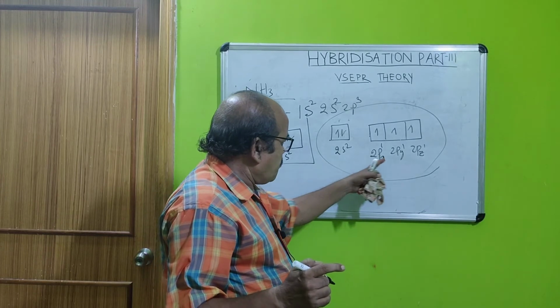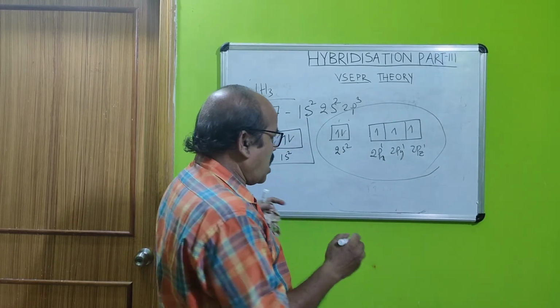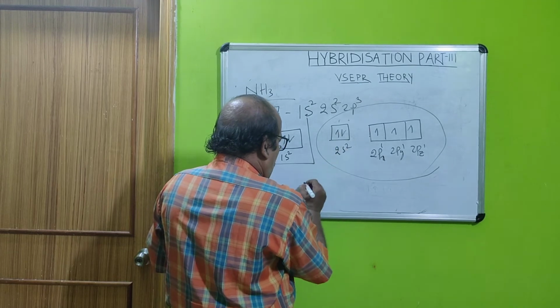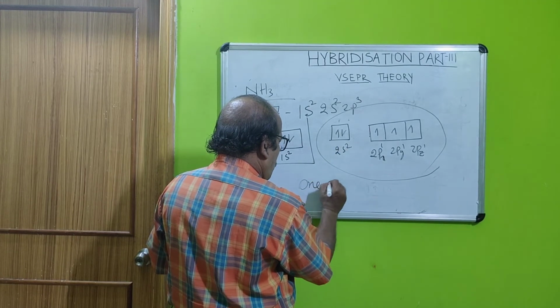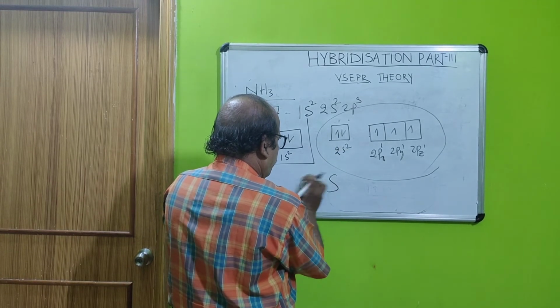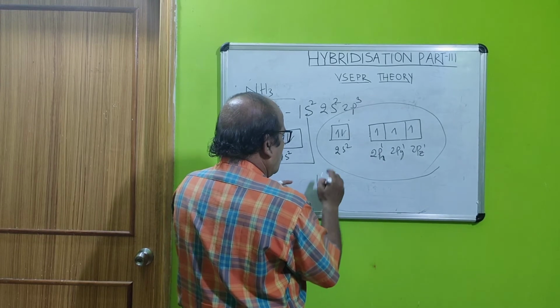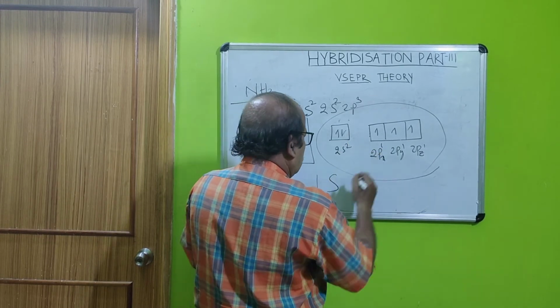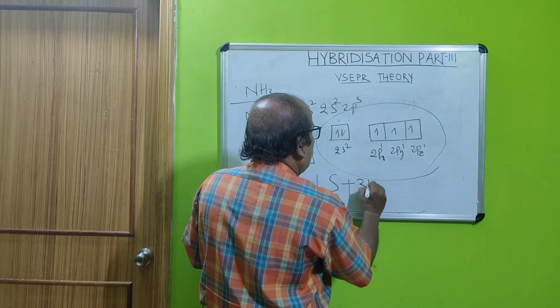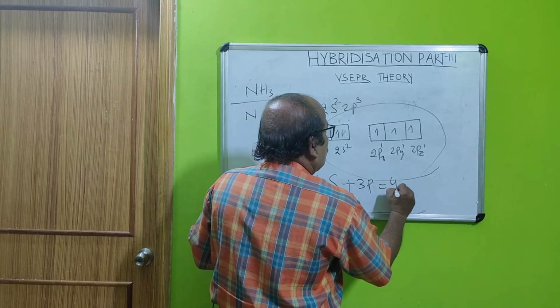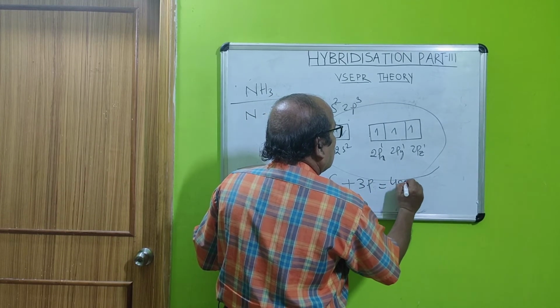Now, how do we get 4 sp3 hybrid orbitals? 1s and 3p will give rise to 4 sp3.